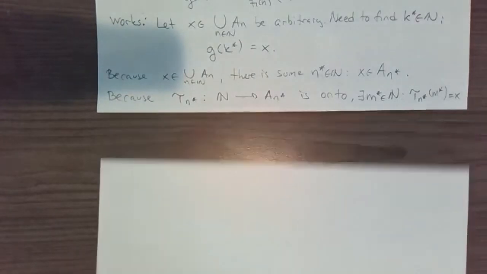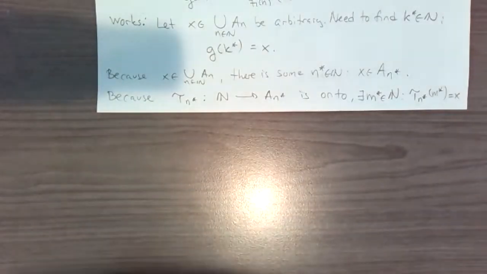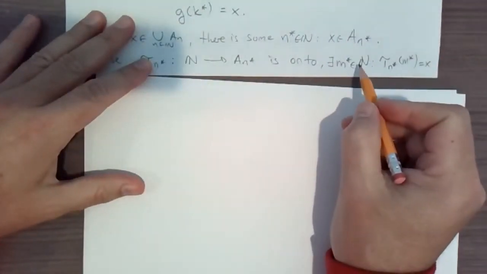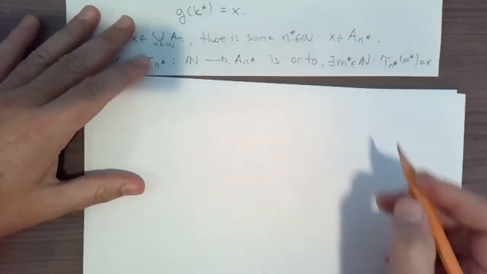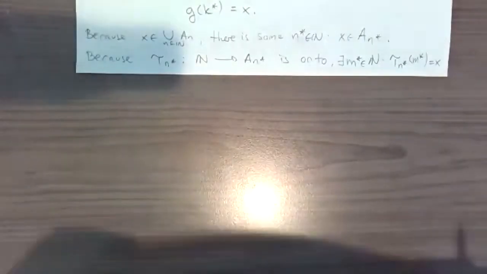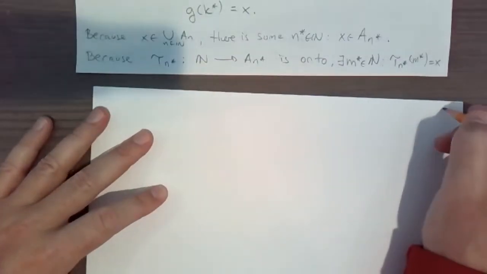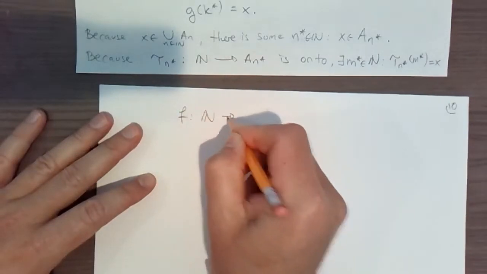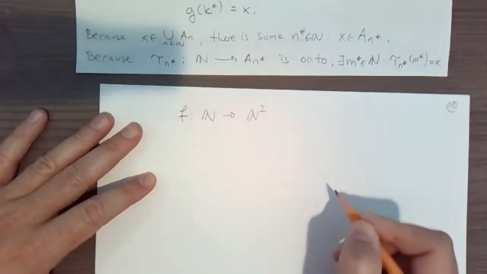Okay, so what do I have now? I have n star and m star. What remains to be used is that n star is a natural number and m star is a natural number, and that we also have f, which goes from N into N squared.